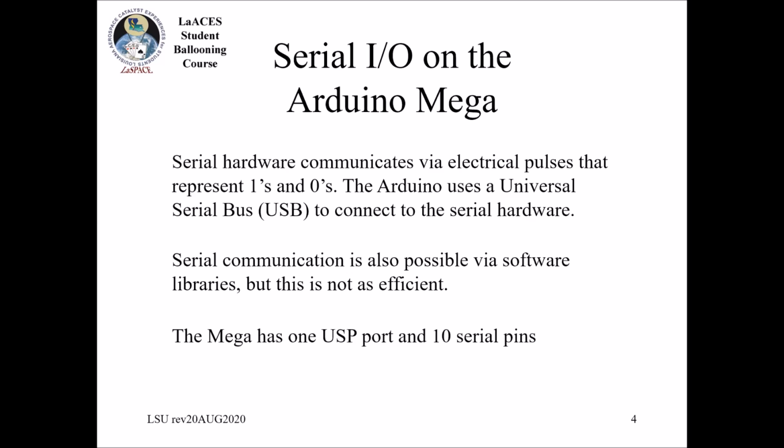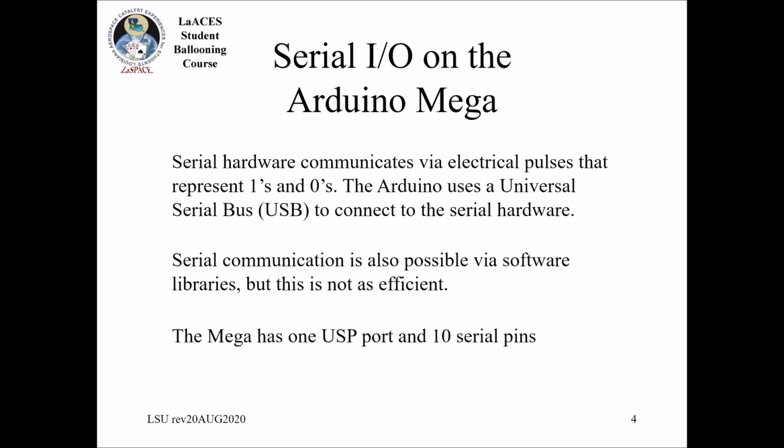So when I look at a data signal on the serial bus, a logic 1 should be represented by a 5-volt pulse, and a 0 by a ground pulse. The Arduino uses a universal serial bus, which is just a regular USB.